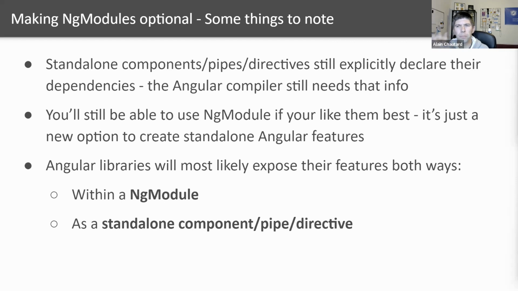But yeah, being able to import things piece by piece rather than an entire module that might have too much stuff that I don't need. Even if we know that Angular is also pretty good with tree shaking and removing the things that we don't use in the end. So yeah, that's the idea.